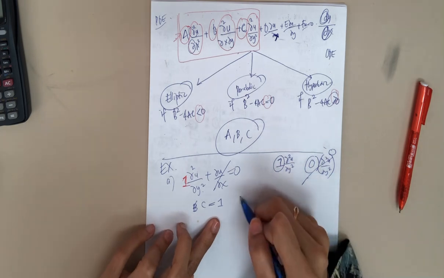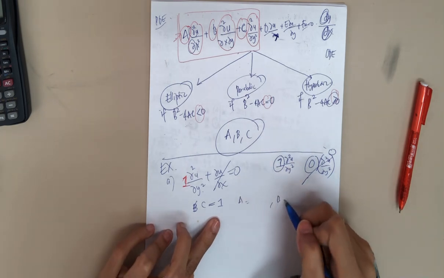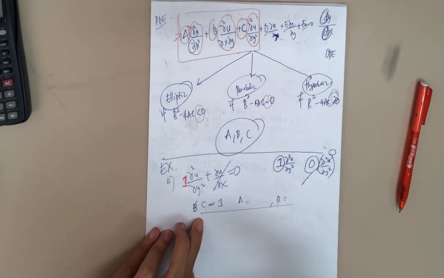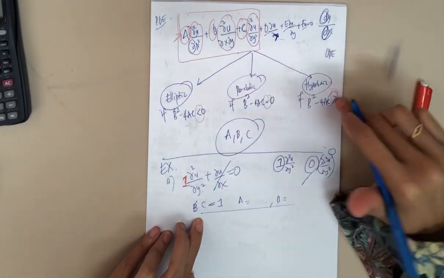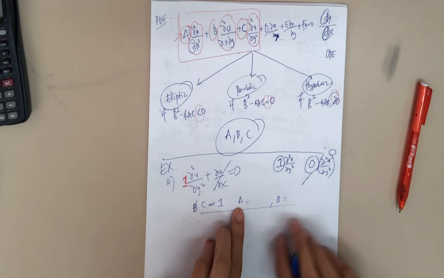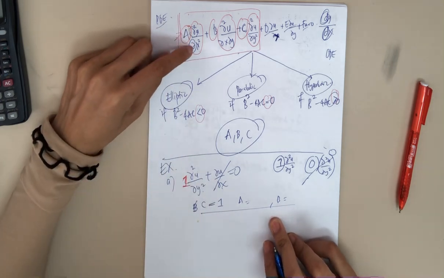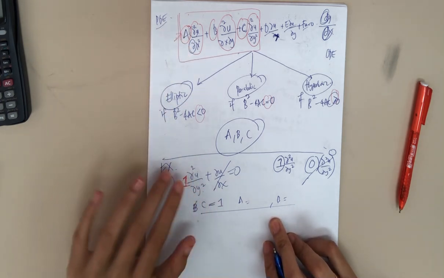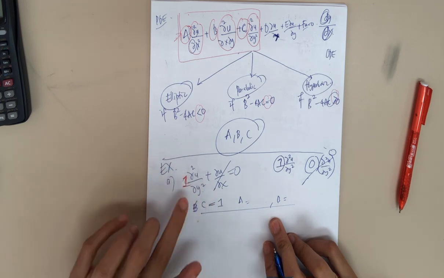How about your A and B? Because you need all three, then you can proceed to the formula. A is the coefficient for d square u dx square. Does any d square u dx square exist in this equation?